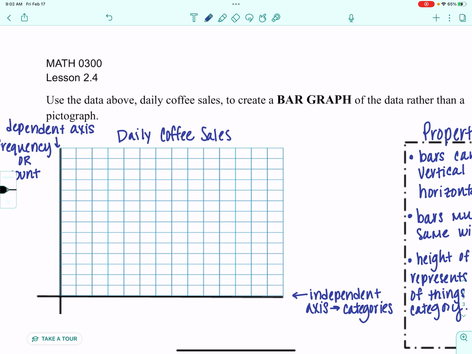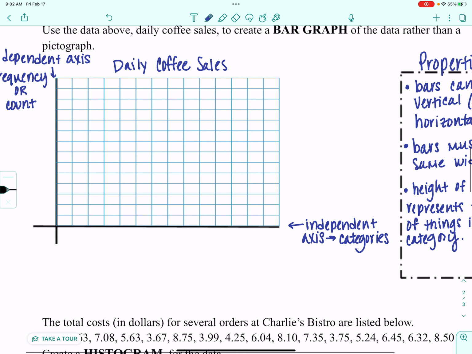And along the bottom, we need our days of the week. You can make your bars as wide or as narrow as you want them to be, as long as you keep the width consistent. So I am going to use 2 bars or 2 sections on my graph paper.